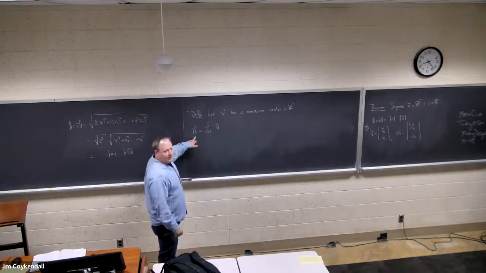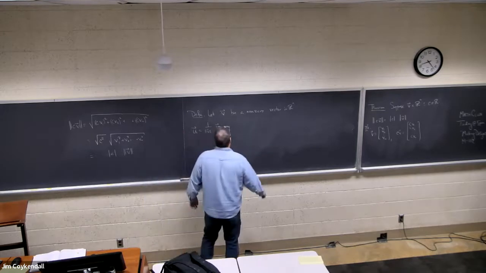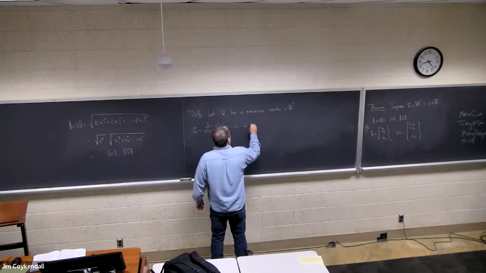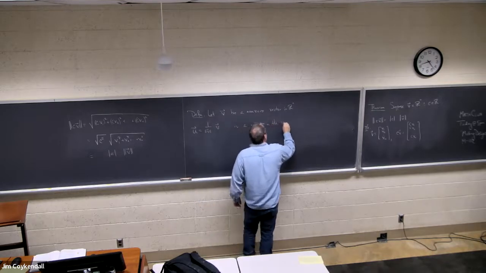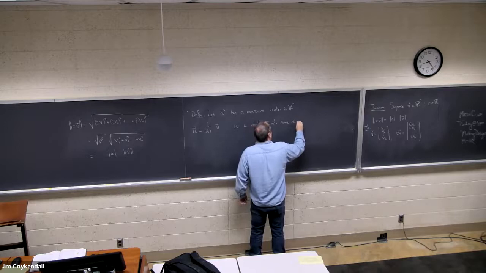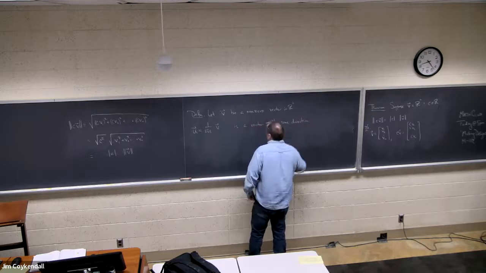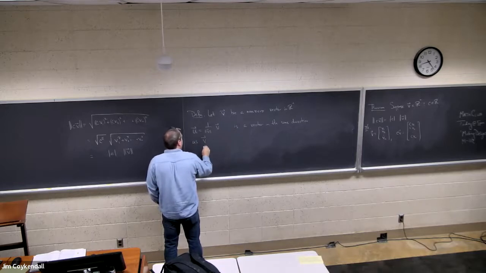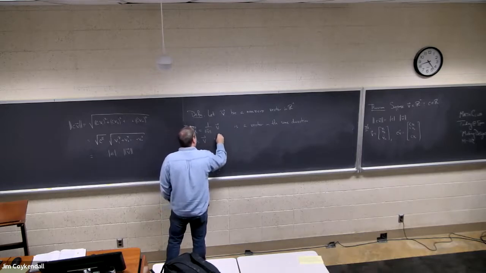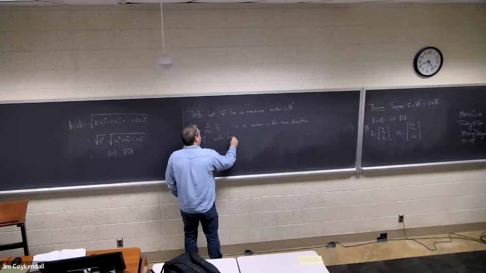If you look at this vector here, 1 over the length of V times V, it is a vector in the same direction as V, with length 1.